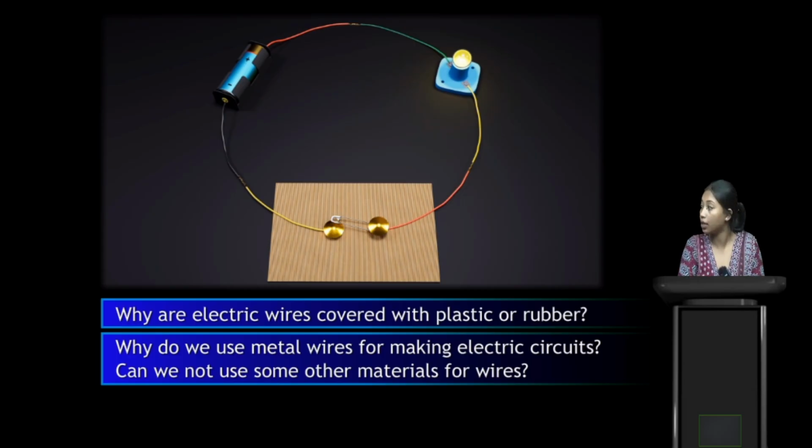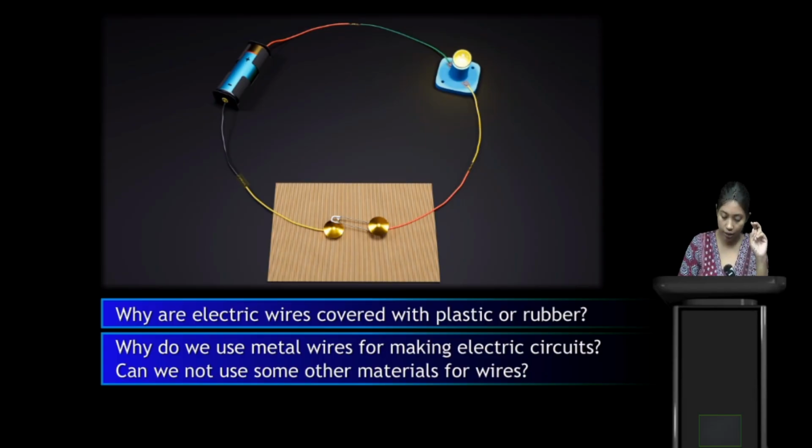Can we not use some other materials for wires? Two questions we have seen. First one is why are electric wires covered with plastic or rubber? Second one is why do we use metal wires for making electric circuits? Can we not use some other materials for wires?